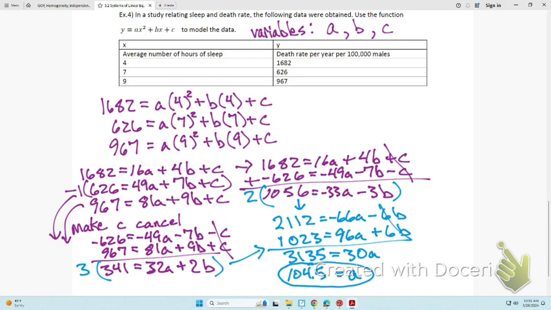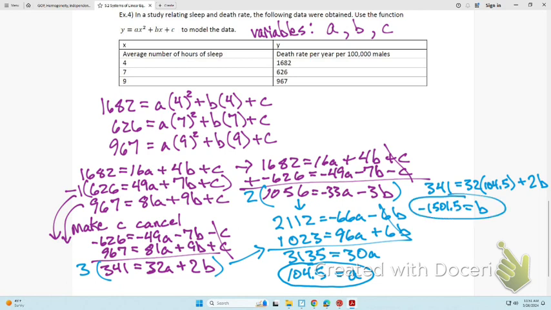We still need B and A, so I'm going to plug 104.5 into one of the two purple problems. Doesn't matter to me. I'm going to plug it into 341. And I multiply those two, subtract from 341, divide by 2, and I end up with negative 1501.5.